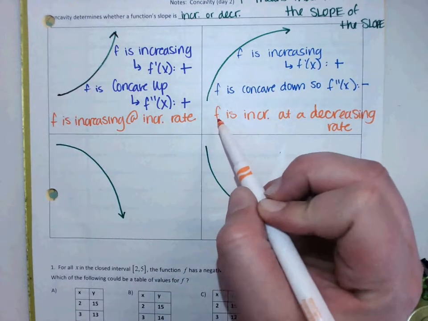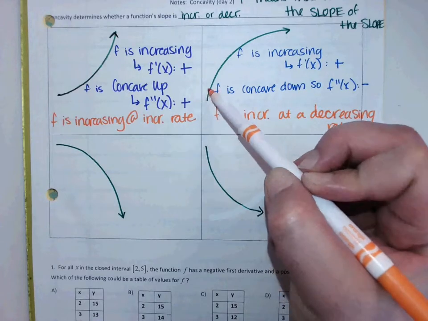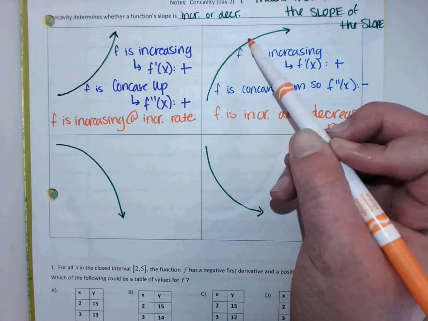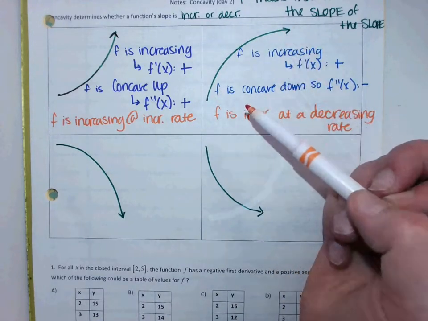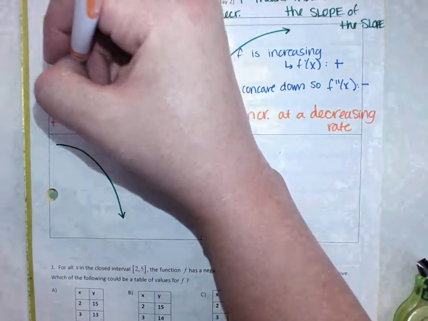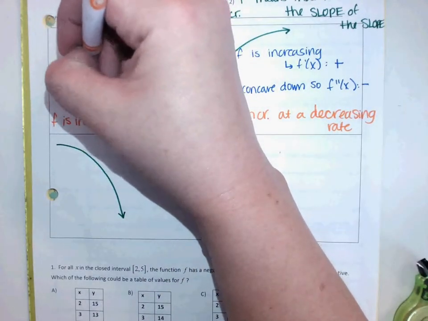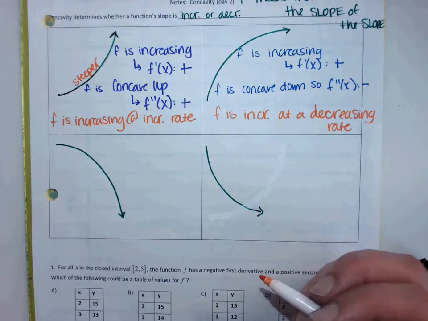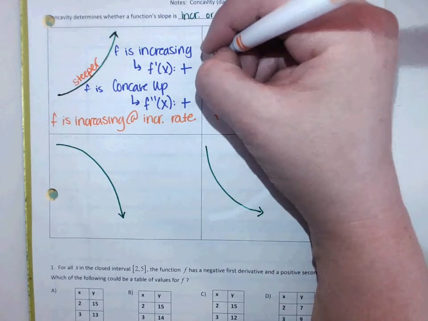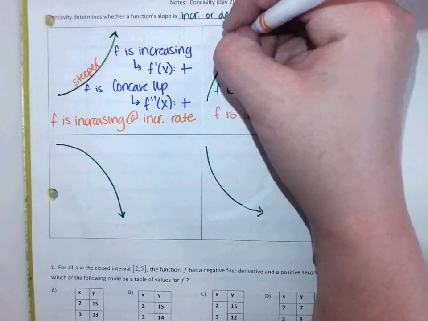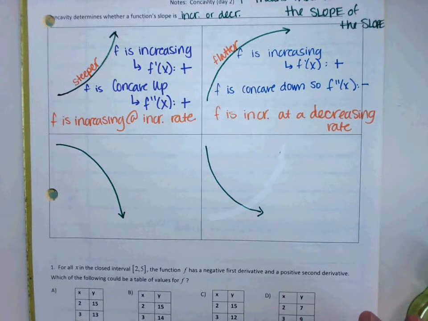My y values are still increasing, but as they increase, the slope is flattening out. So this graph is getting steeper because the slope is increasing. This graph is getting flatter because the slope is decreasing.